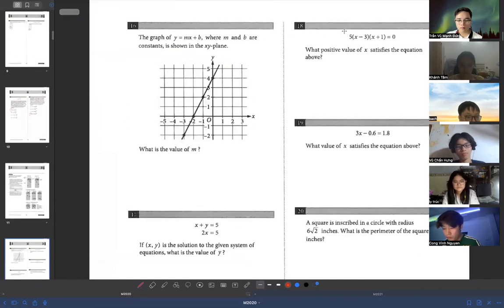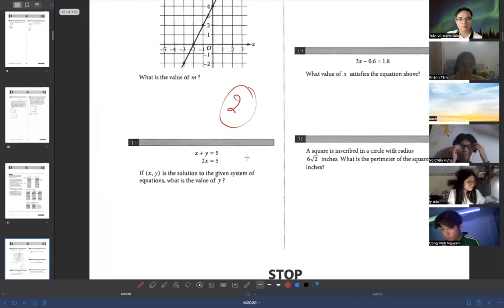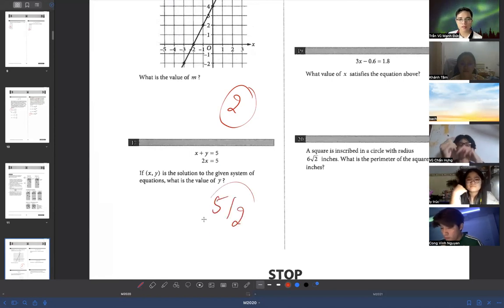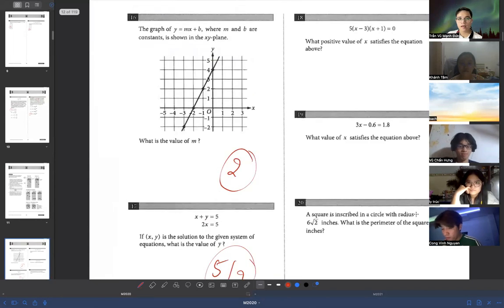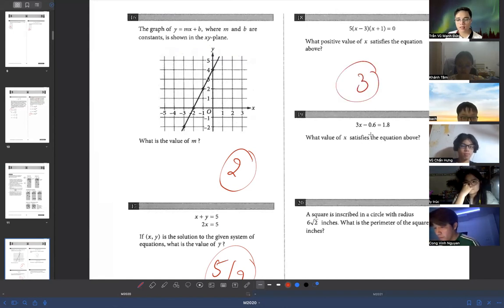16 is 2. Okay. 17. 5 over 2. Right, you can finish this off with 18, 19, 20. 18 is 3. 19 is 0.8.